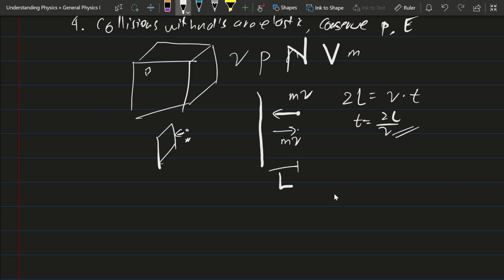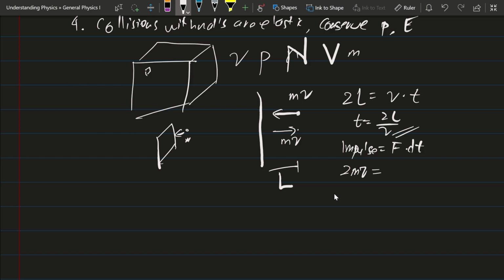And after that, we could ask about the impulse, which should be F times dt. So the impulse experienced by the molecule will later define what the force is on the wall. You would know that the change in momentum here is 2mv. It makes sense.